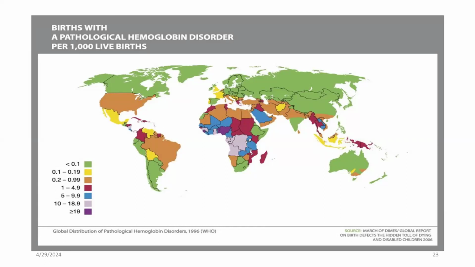So mostly the African region is affected, with 1.4.9 per 1,000 live births up to 9.9 to 18.9, usually covered in blue and purple. As you can see, the whole of Africa is affected.